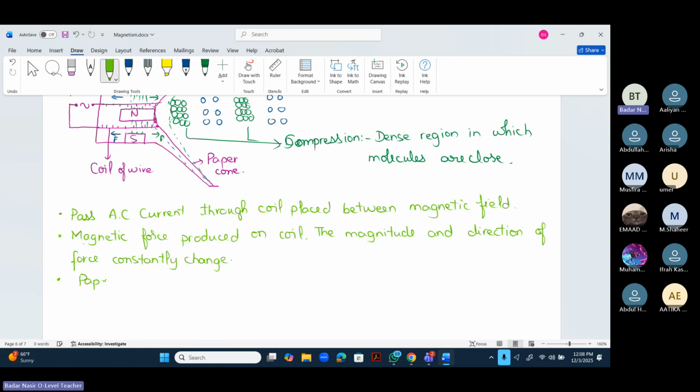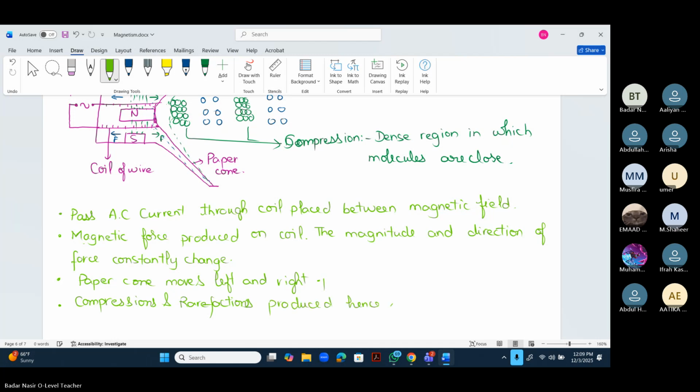Paper cone moves left and right, producing compressions and rarefactions. ठीक है, compressions and rarefactions produced.